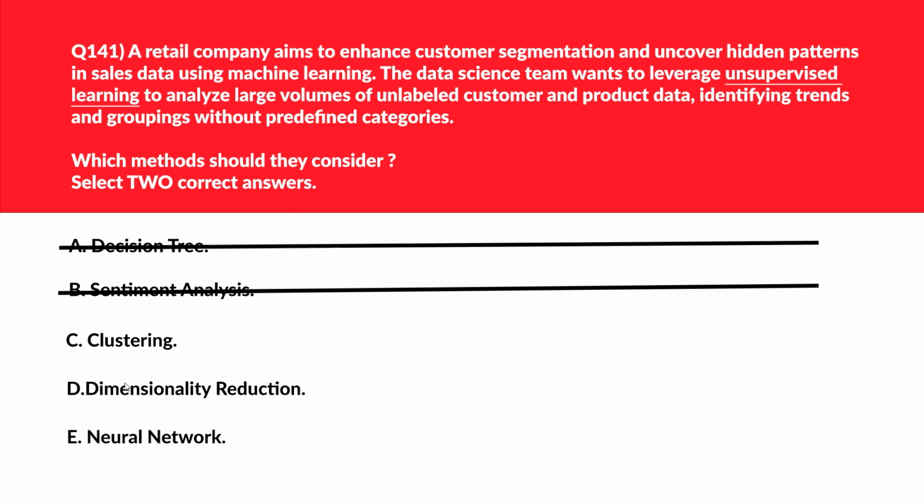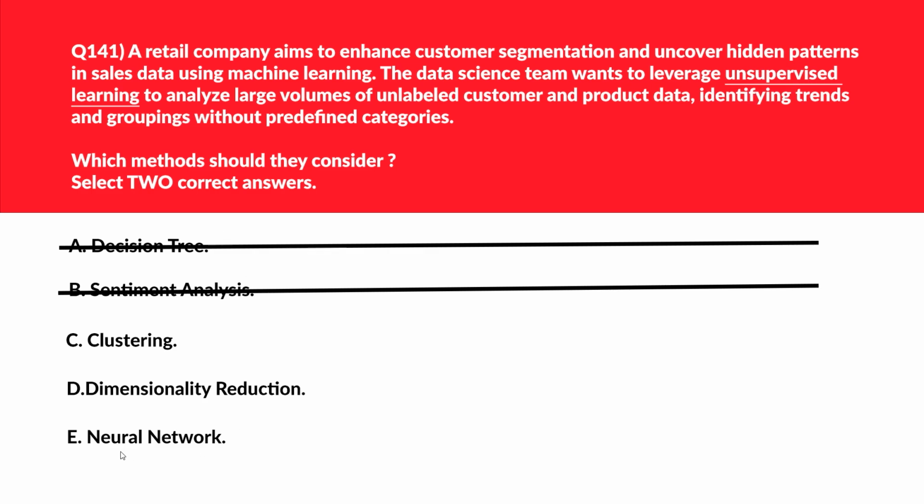Let's move to option D. D says dimensionality reduction. Dimensionality reduction, as the name suggests, reduces the number of random variables under consideration, simplifying models while retaining essential information, and is commonly used in unsupervised learning. So again, since dimensionality reduction belongs to unsupervised learning, we'll park this.